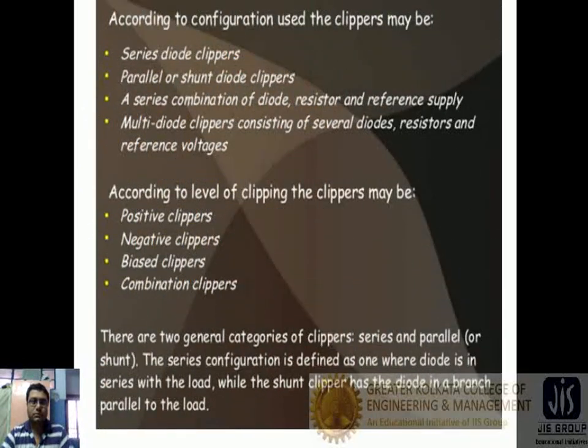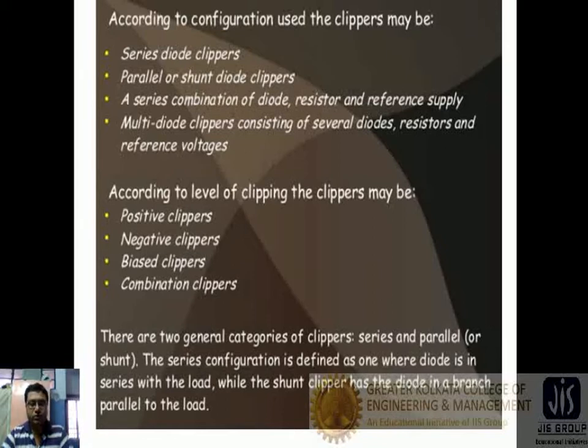According to the configuration used, the clipper circuits may be series diode clippers, parallel or shunt diode clippers, a series combination of diode, resistor and reference supply, and multi-diode clippers consisting of several diodes, resistors and reference voltages. According to the level of clipping, clippers may be positive clippers, negative clippers, biased clippers and combination clippers.